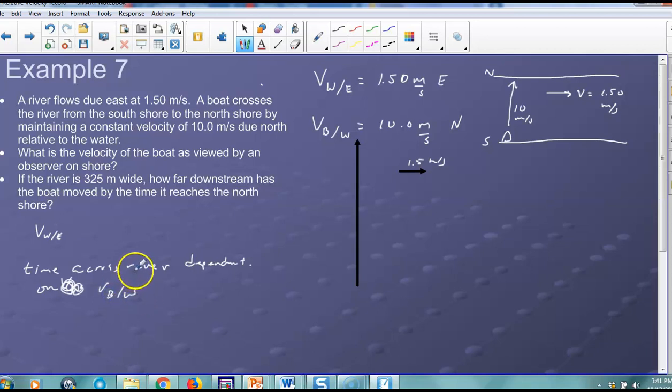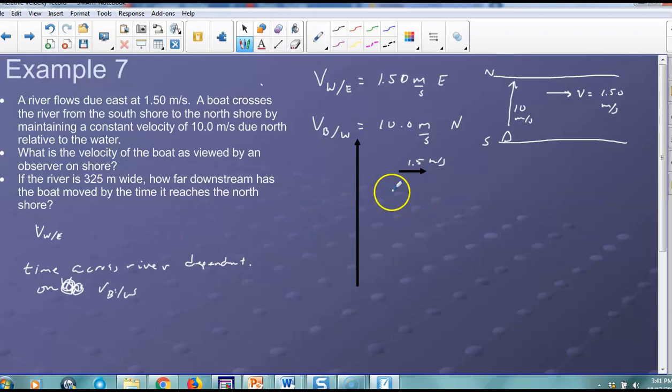Okay? So we have to find how long it takes to get across the river, and then we can use that time. Time is going to be the same in both dimensions, or time applies to both dimensions. We're going to use the time to get how far, at the velocity of the water to the earth, the boat's going to be swept downstream.